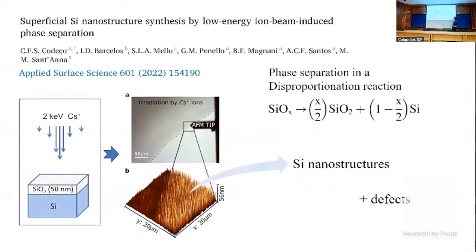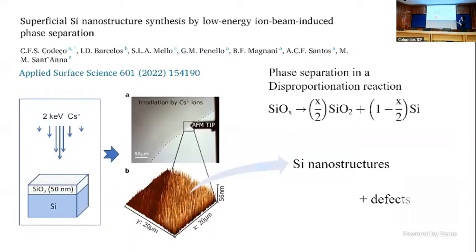So this x starts as 2, and then goes to 1.5, 1, and even lower. If you get far enough, and you have enough ions incident, this reaction will happen. This is what people call a disproportionation reaction. It's also been found with other factors, not ion beams, but other factors introducing these defects.